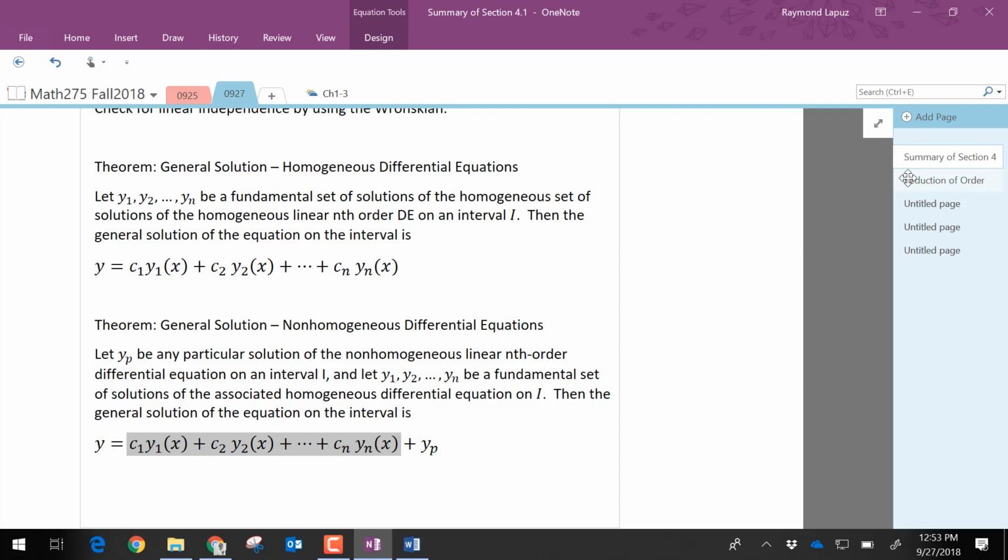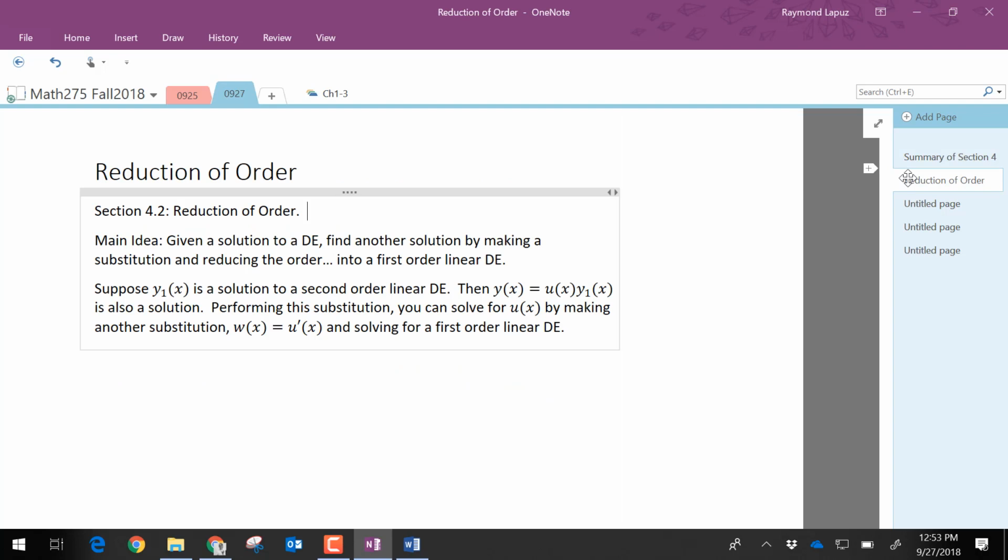So here we're going to take it a step farther, and this time we're going to assume that we only have one solution out of the two solutions that we're looking for. We'll take a look at a second order linear differential equation, and we're going to try to look for the second solution by doing a substitution.